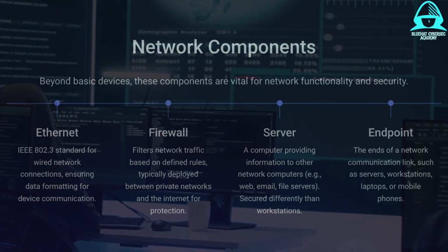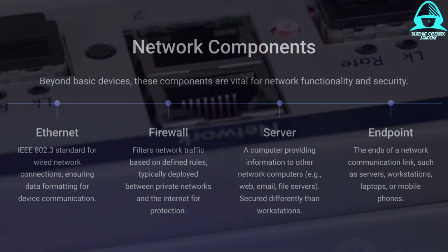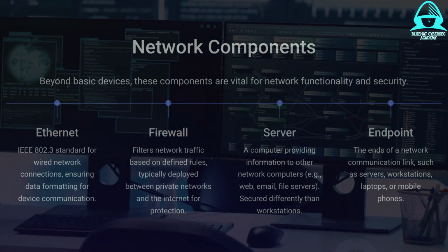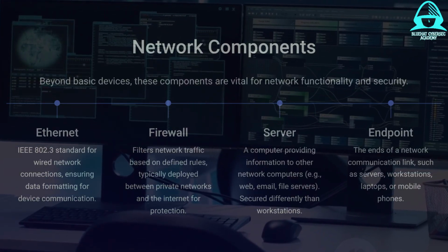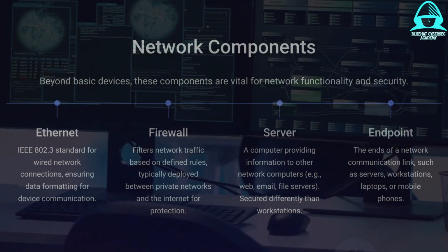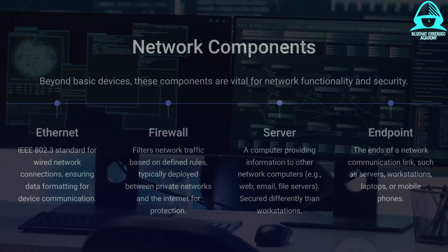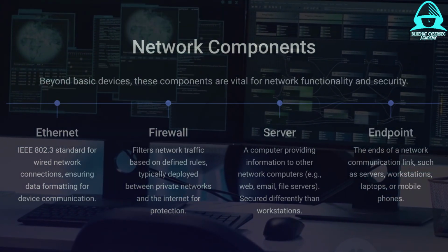Firewalls are essential tools in managing and controlling network traffic and protecting the network. A firewall is a network device used to filter traffic. It's typically deployed between a private network and the internet, but it can also be deployed between departments or segmented networks within an organization's overall network. Firewalls filter traffic based on a defined set of rules, also called filters, or an access control list.